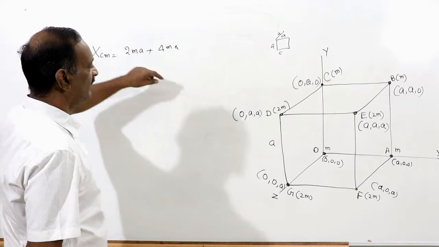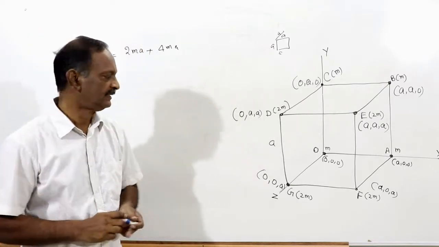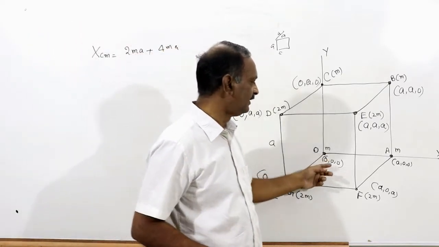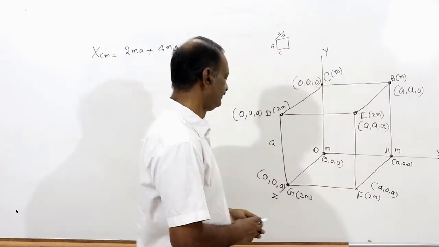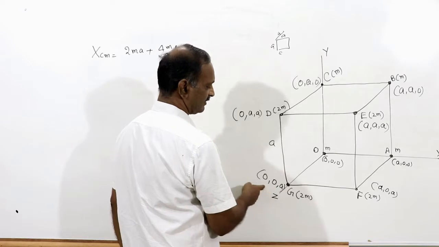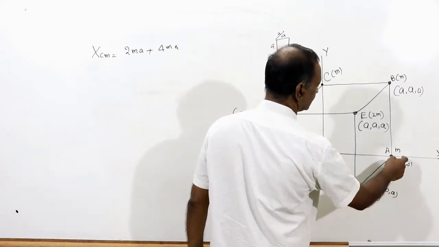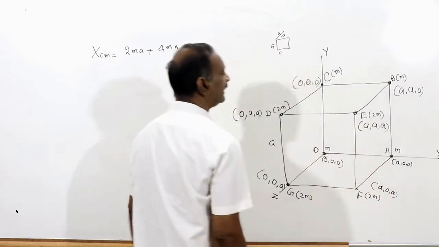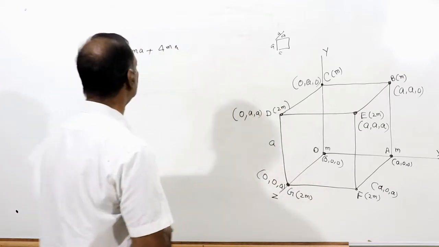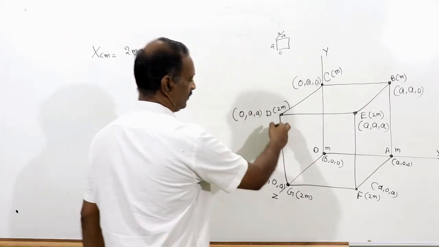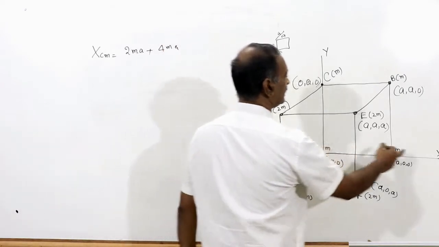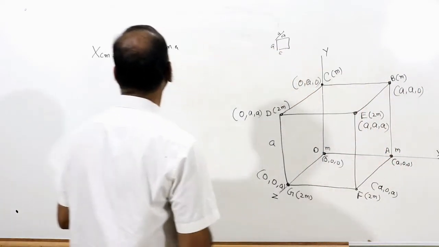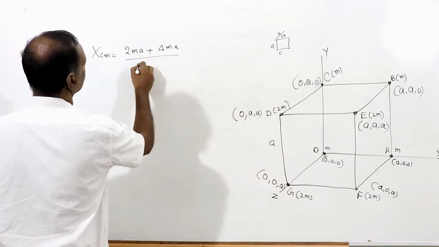This comprises M1 X1 plus M2 X2, M3 X3, M4 X4, M5 X5, M6 X6, M7 X7, and so on, up to 8 points, divided by the summation of all the masses, the total mass M. So what is the total mass? 2, 4, 6, 8, 9, 10, 11, 12, so divided by 12.